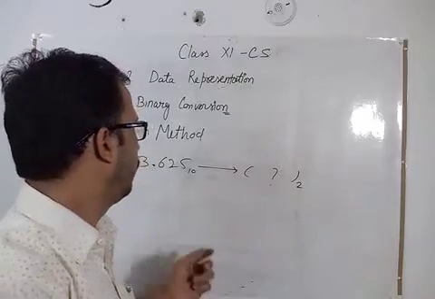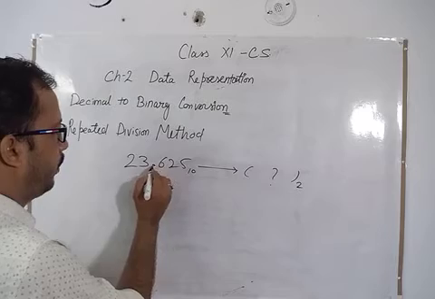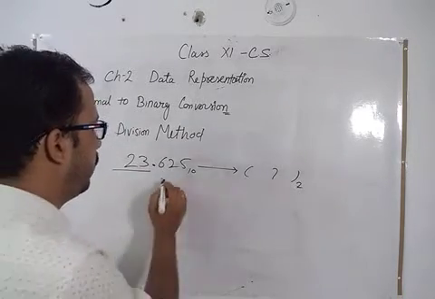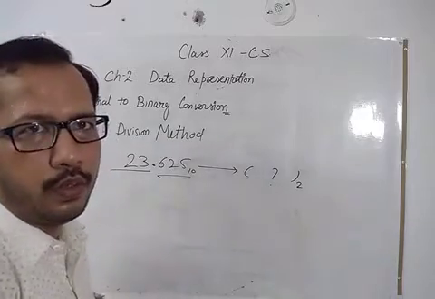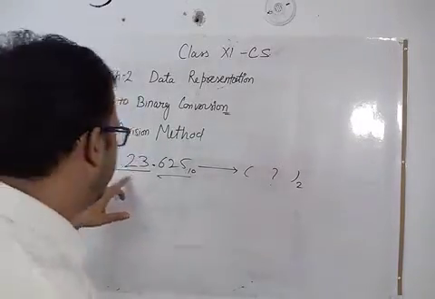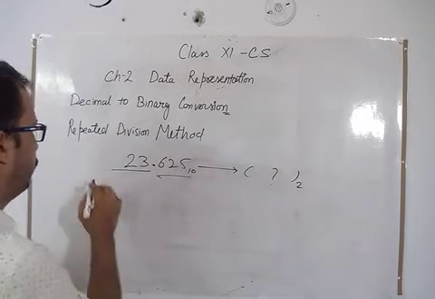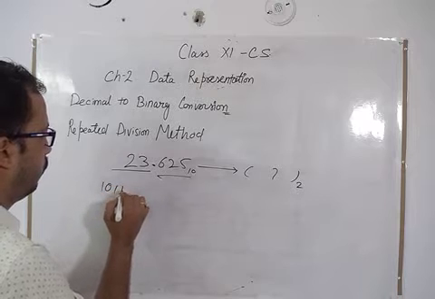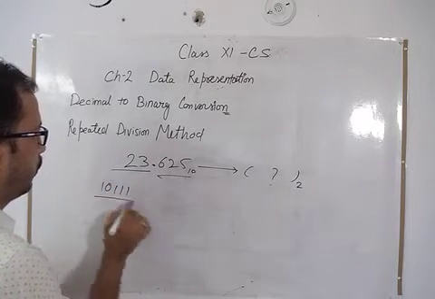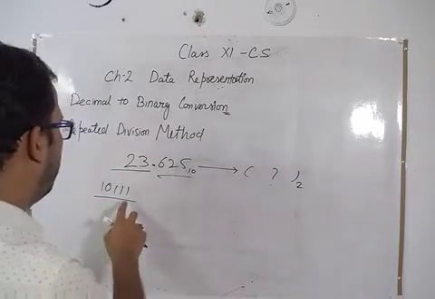The repeated division method works for the part which is before the decimal, or the left side of the decimal, and for the fractional part we will use the multiplication method. So for 23 we will get 10111.